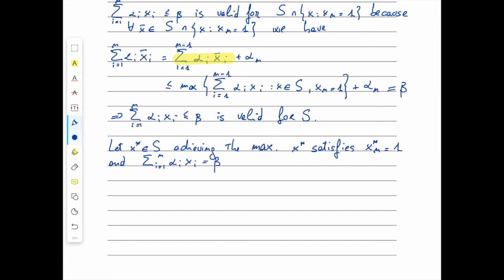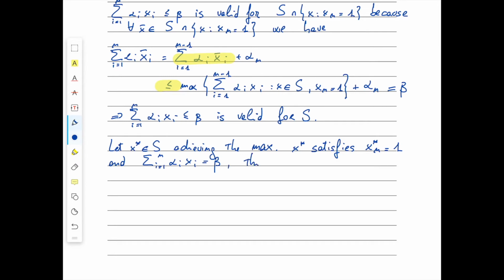Why is that? Well, you can go through the chain of inequalities that we just obtained above and see that instead of having less than or equal to, we have equality, and so we have equality throughout, and that's how you obtain this equality.